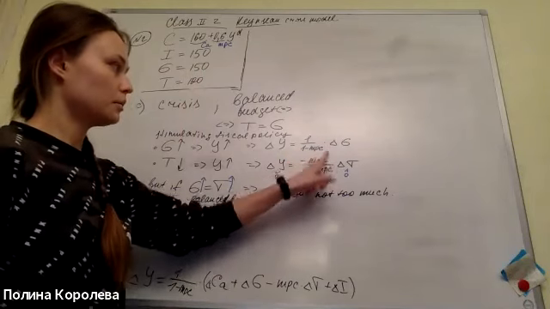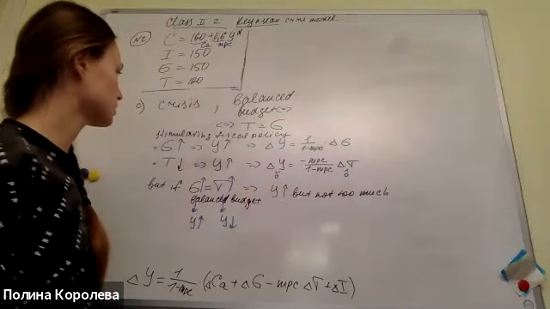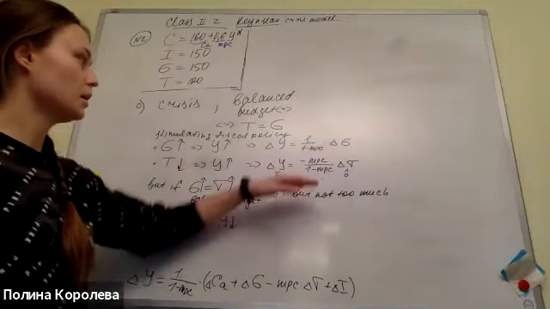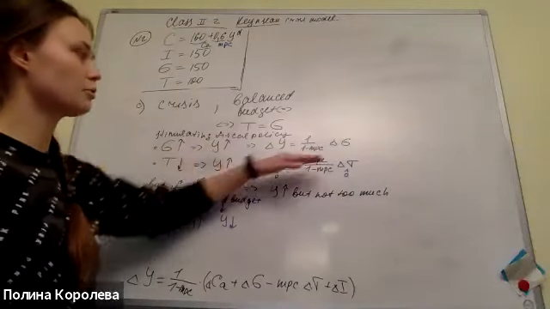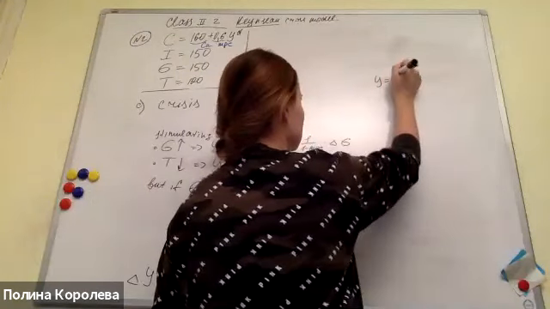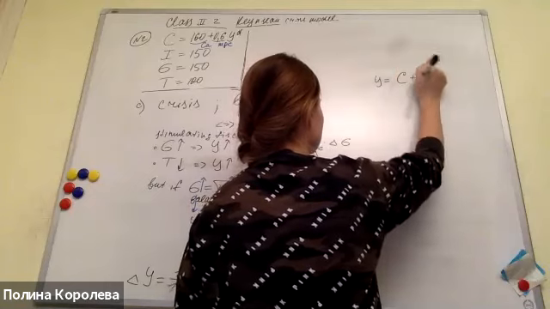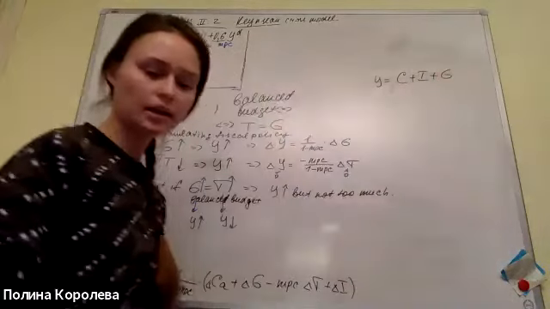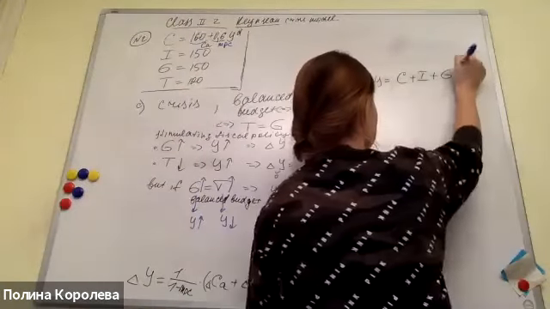Then, what effects do we have in these two policies? If we work with increasing government spendings, you remember that GDP consists of all spendings of all economic agents: consumption plus investment plus government spendings. And if we increase government spendings, we immediately increase GDP.